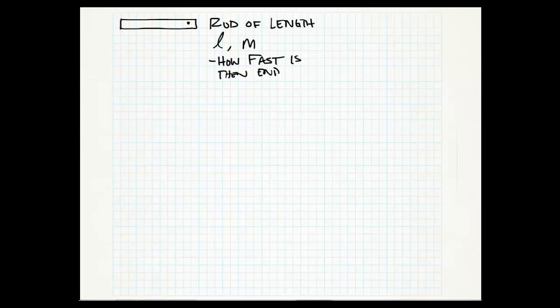Okay, so we have a rod of length L, mass M, like that. We're going to drop it. So what we want to know is how fast is the end moving at the bottom.